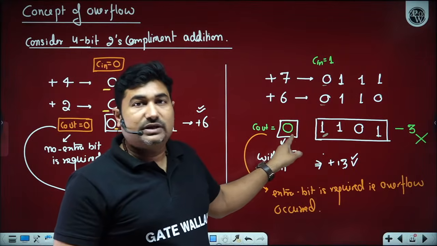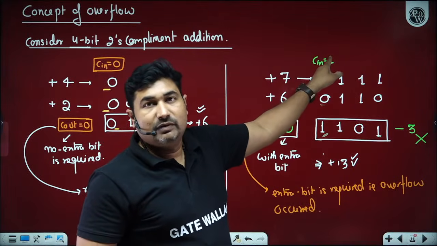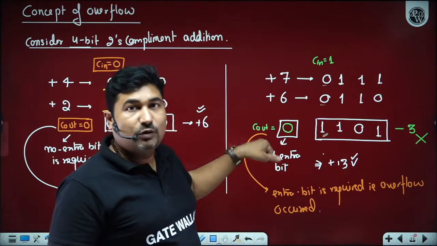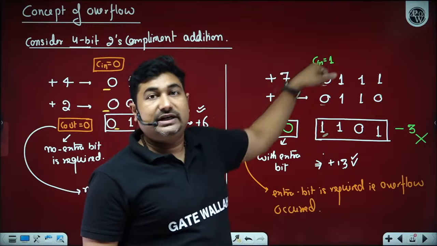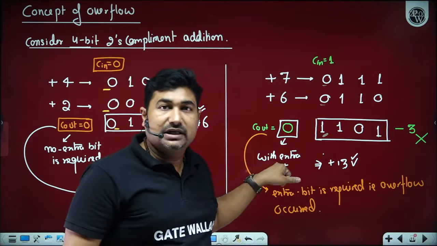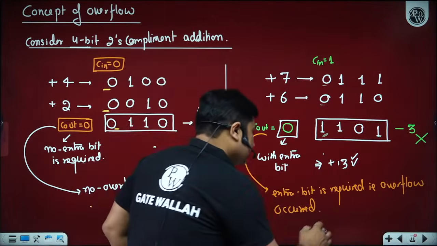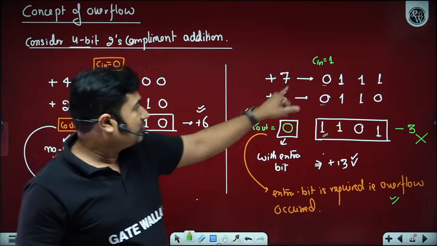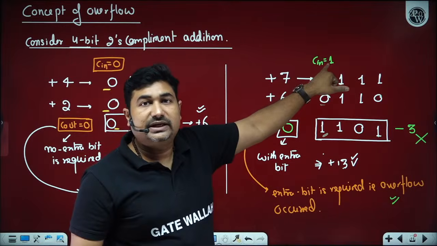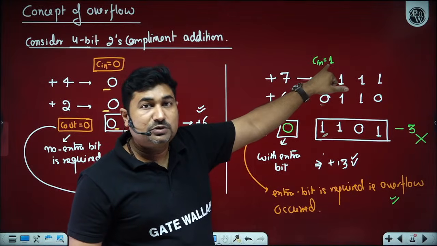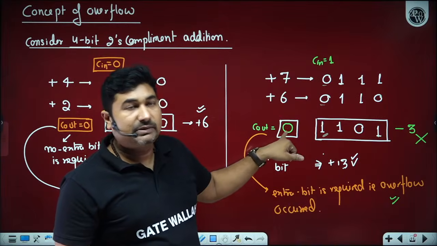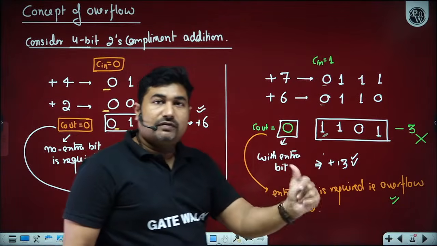So the carry out is 0 and the carry in is 1. Whenever the carry into the last bit position and the carry out from the last bit position are different in 2's complement arithmetic operation, overflow occurred.